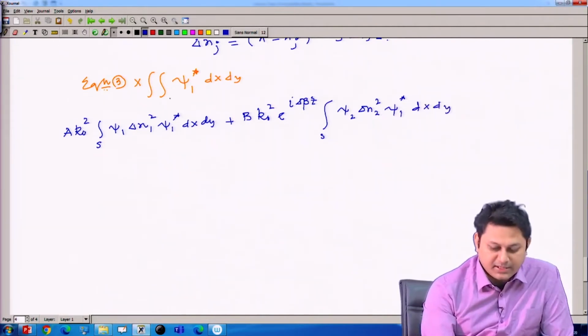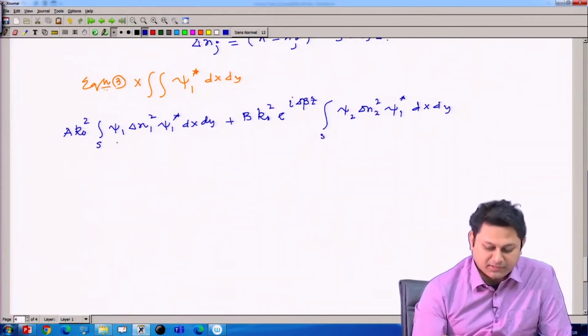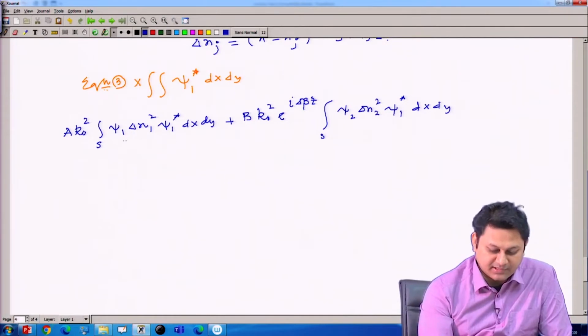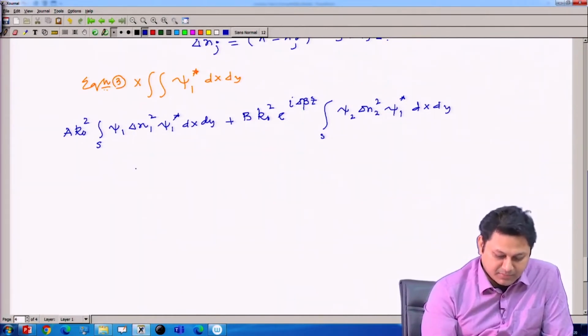So you can see, by integrating this I am basically making some sort of coupling between psi 1 and psi 2. This is the self coupling kind of term, and this is the cross coupling kind of term.